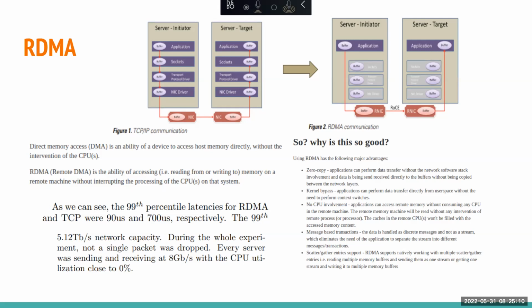But RDMA's syntax is different from TCP/IP. That's the first one. Another one is more serious: in the cloud's containerized environment, for example Kubernetes, they have a container network. The container network is over the host network.